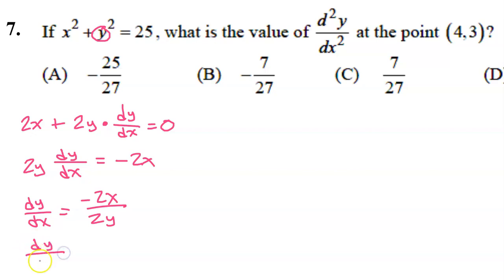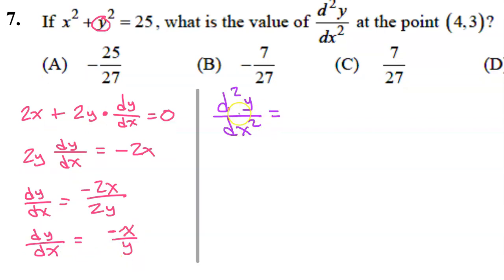So really we have dy dx is equal to -x over y. In order to find the second derivative, we take the derivative of the first derivative. We're going to have to do the quotient rule, so you might notice that I moved that little negative sign from the front up into the numerator. That doesn't really change anything, but it makes it more clear what's happening with the quotient rule.